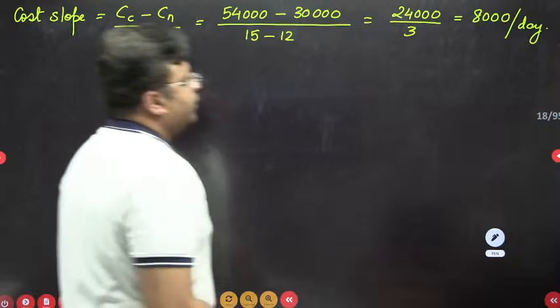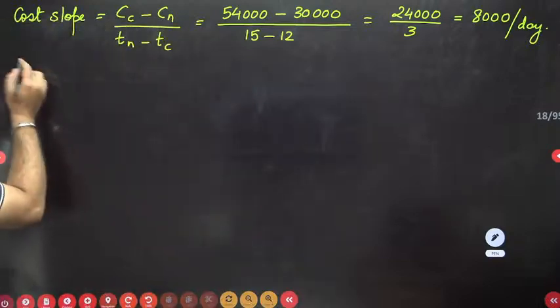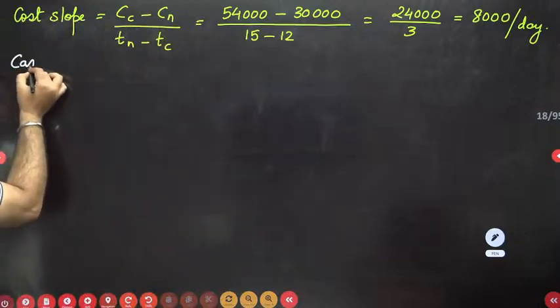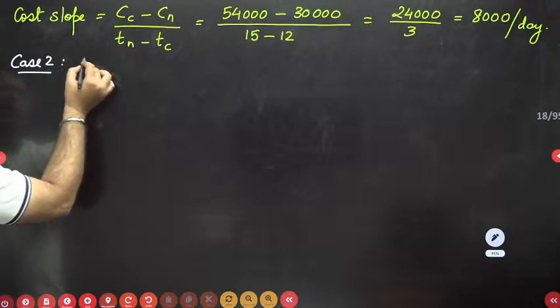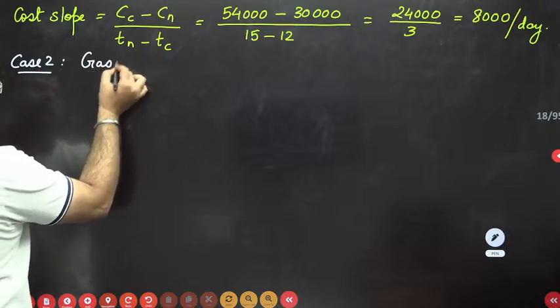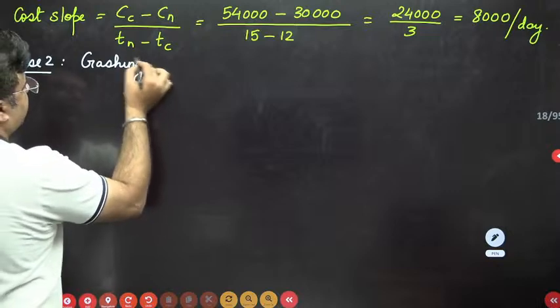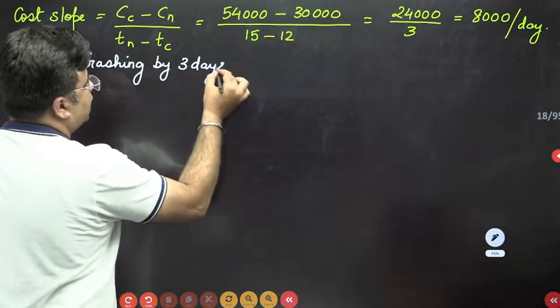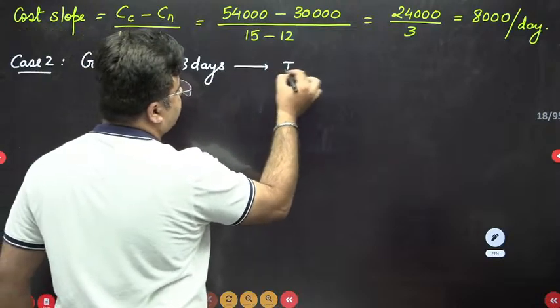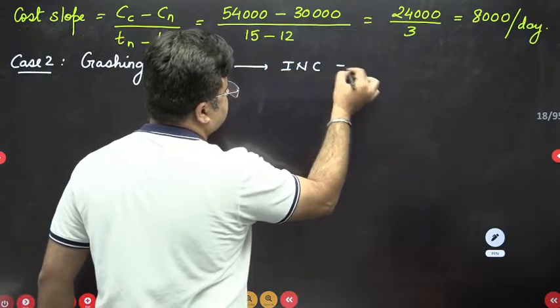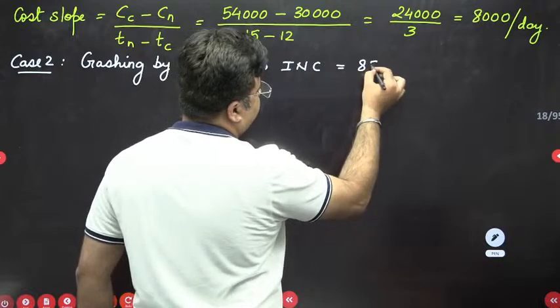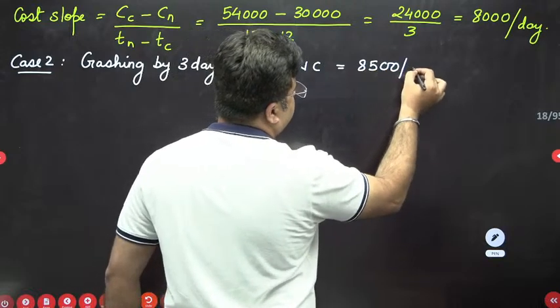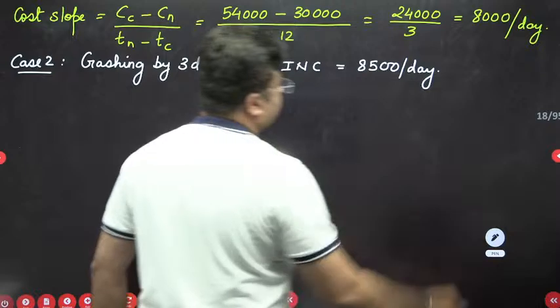Okay. Based on this cost slope, case 2 is crashing by 3 days, taking indirect cost as 8,500 rupees per day. This is the cost you are taking, right?